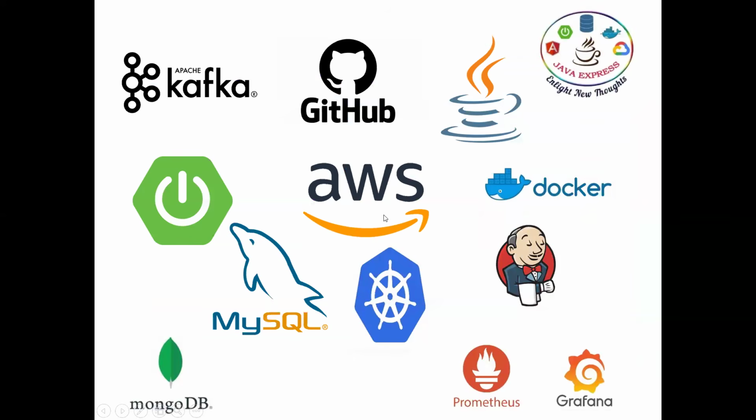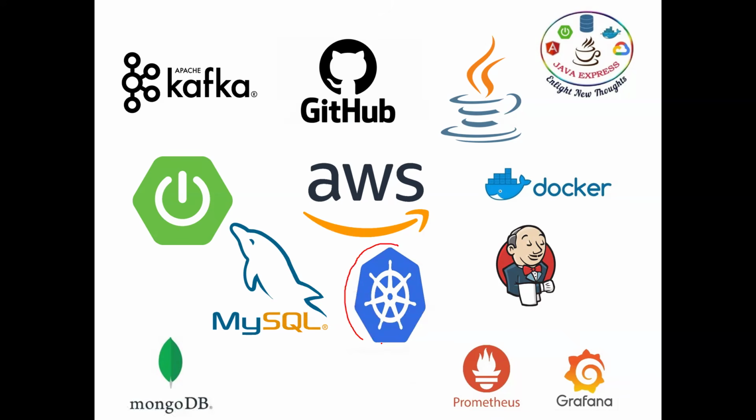Whatever you see in this screenshot, these are the technologies we are going to discuss. This is the Spring Boot icon, which you know very well. And MySQL DB, MongoDB, and here a few people may not be aware of the Kubernetes icon.